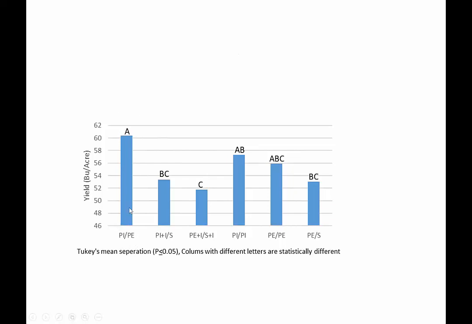You get the highest yield if you rotate different sources of resistance. When you plant the susceptible, you get a significant yield reduction. Definitely soybean cyst nematode takes a yield cut from you, very big yield cut. And if you plant the same source of resistance consistently every year, every time you plant soybeans, you also take a yield cut.